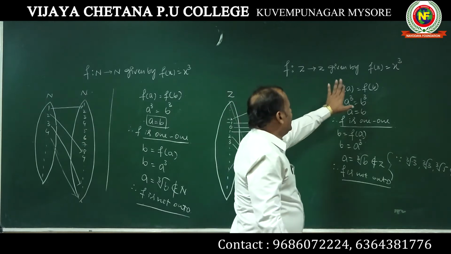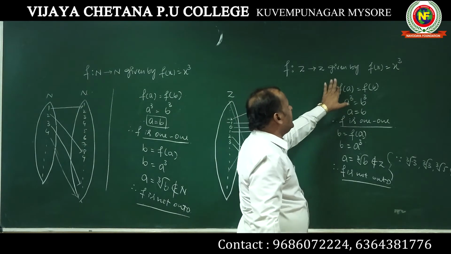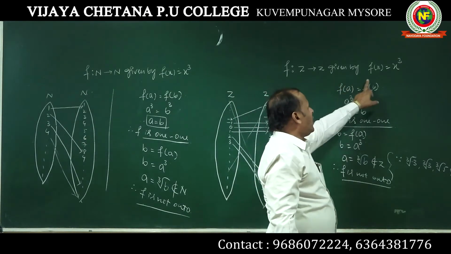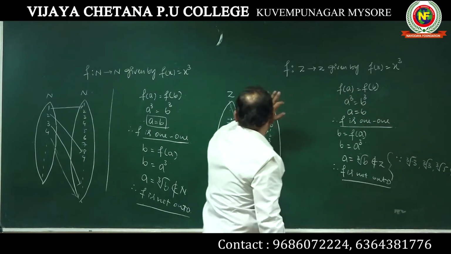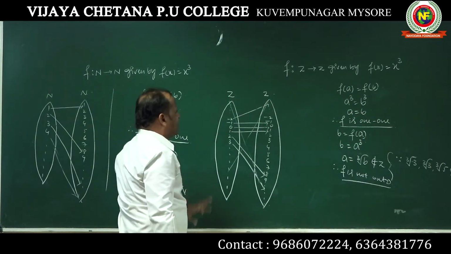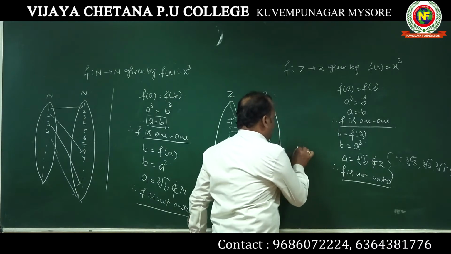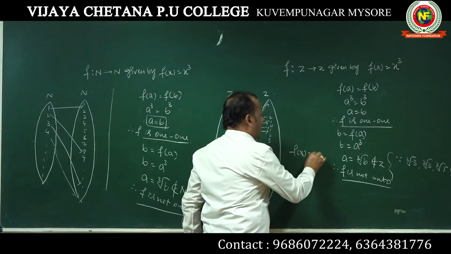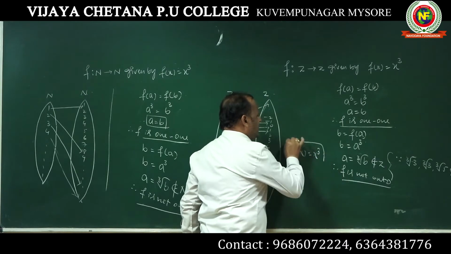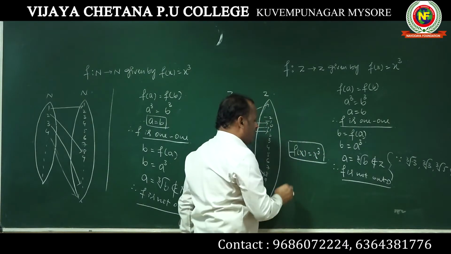This is the question. Z tends to Z, f of x equals x cube. When it says f of x equals x cube, listen to me, it is very important. Listen carefully.